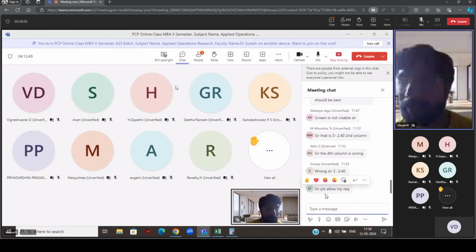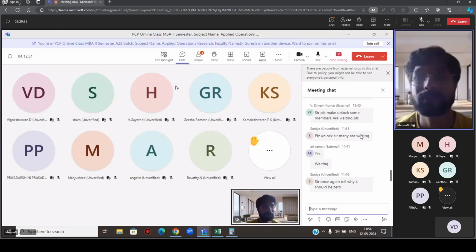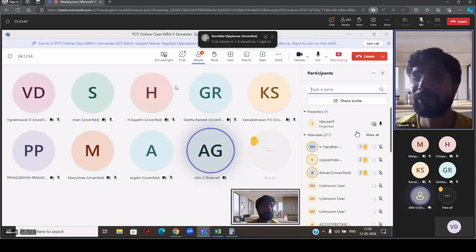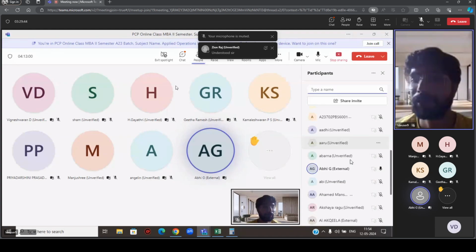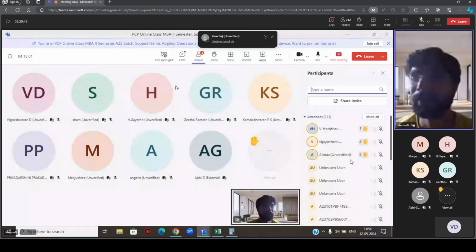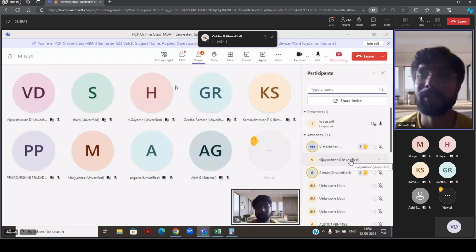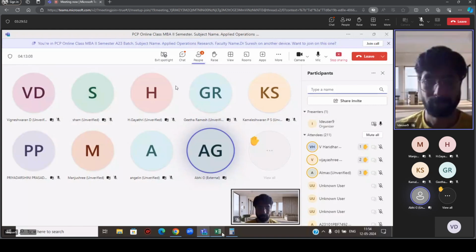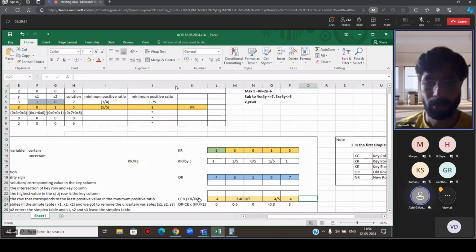KR by KE into CE should be 0 by 5, sir, for the fourth row, fourth column. The KR by KE into CE for the fourth column is 0 into 1 by 5. It should be 0 by 5, no, sir.